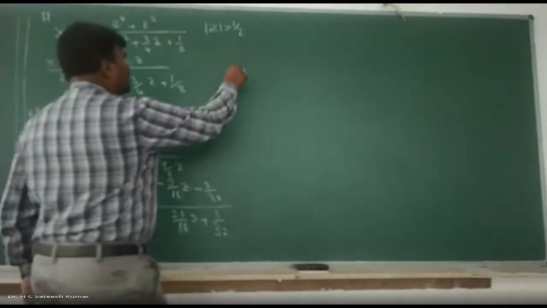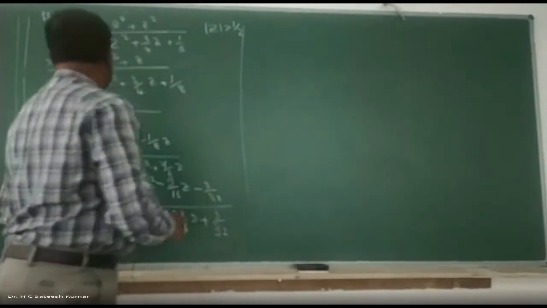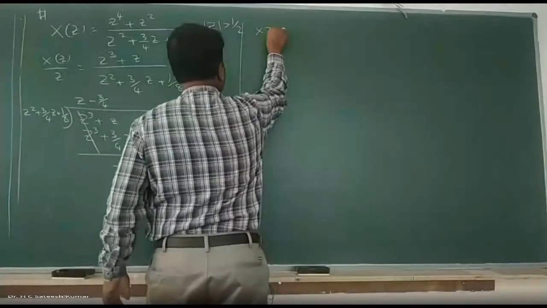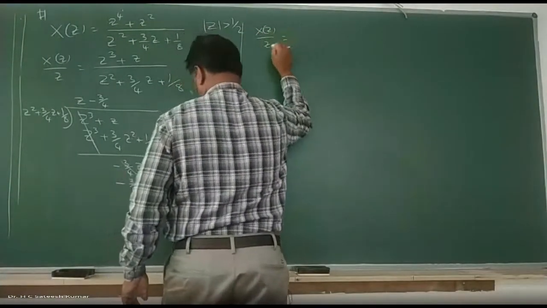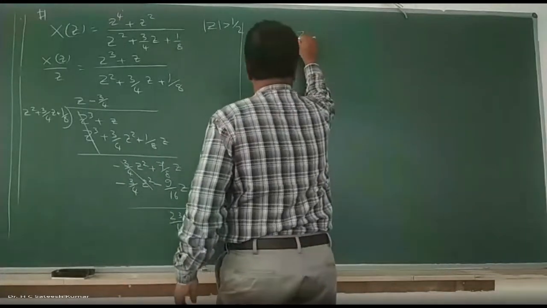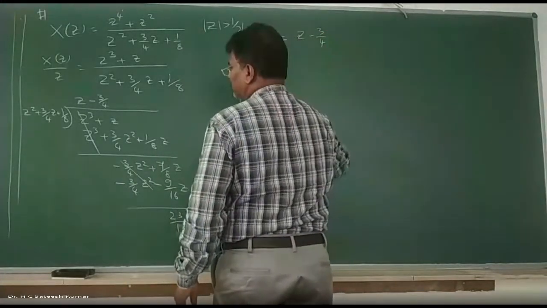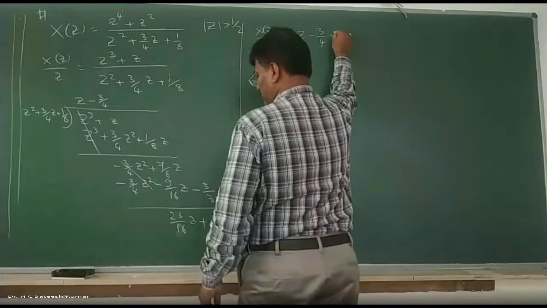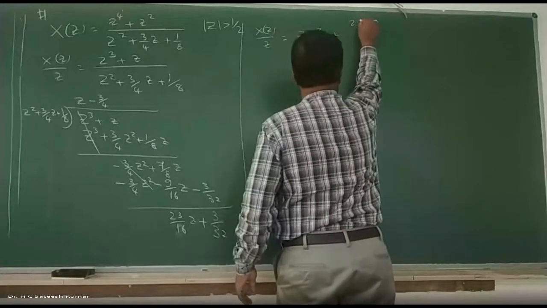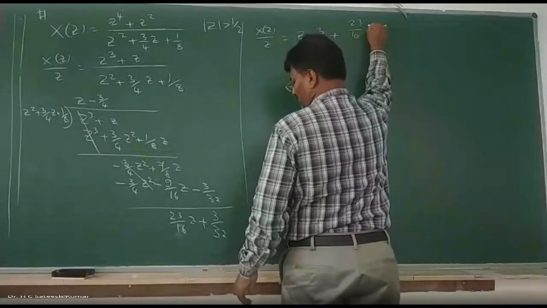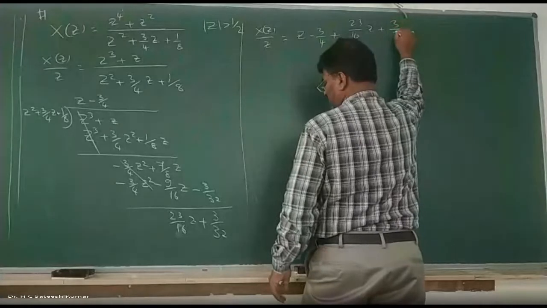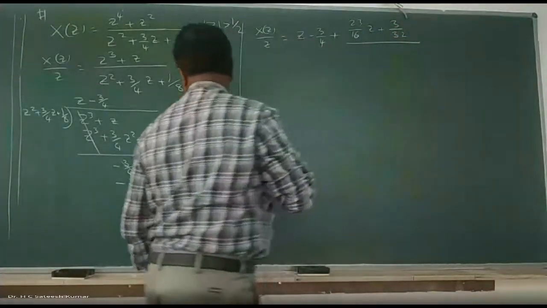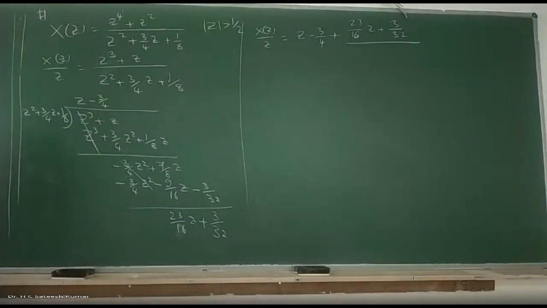So now I write X of Z by Z is equal to Z minus 3 by 4 plus 23 by 16 Z plus 3 by 32, whole divided by the denominator. Find the factors of the denominator using your calculator.